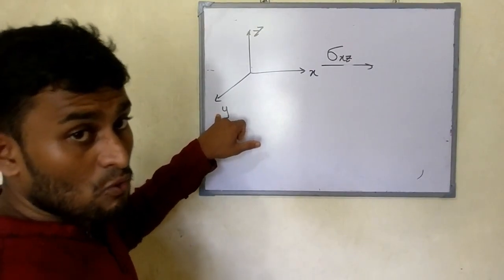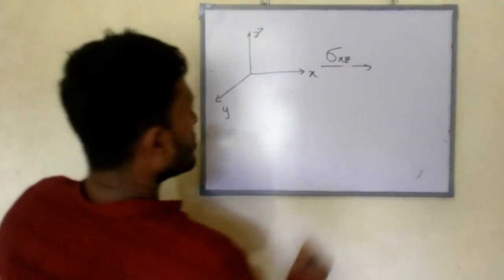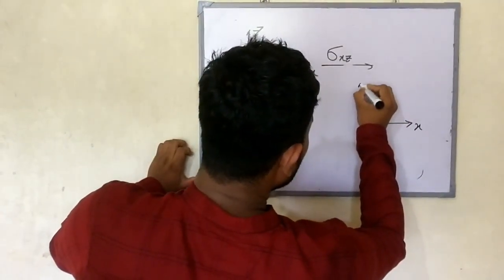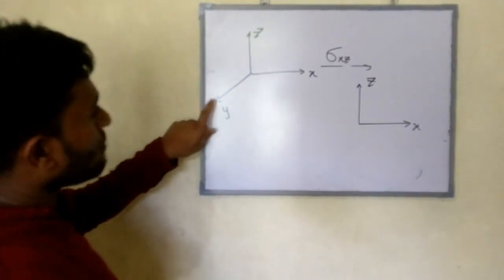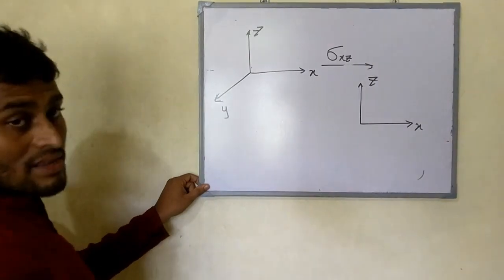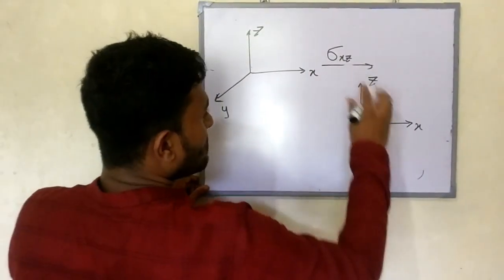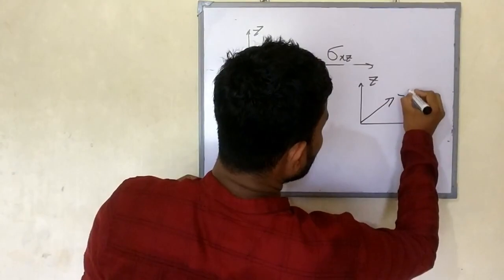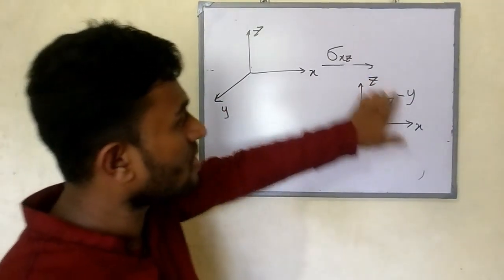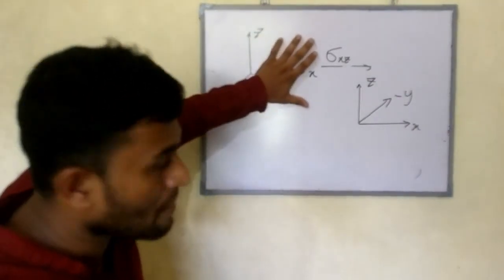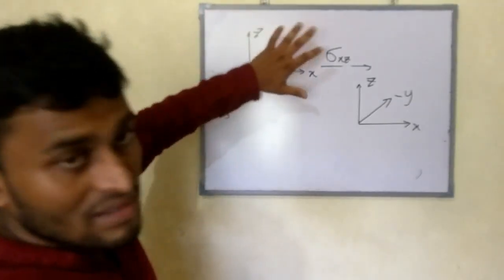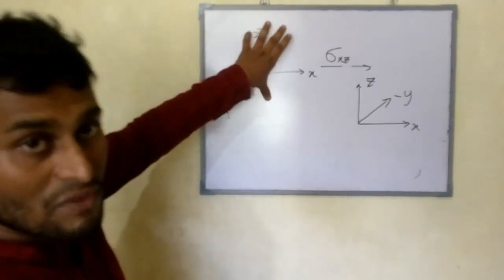The other y axis will be changed. So your configuration will be x, z, and y will be negative, because here y is pointing toward this. Then after this operation, y will be like this, minus y. x and z axes will not change because here we have applied the plane here. The axes which lie in the plane will not change.